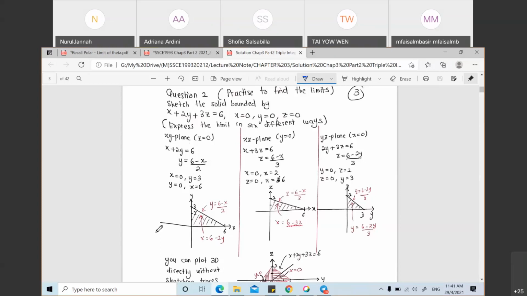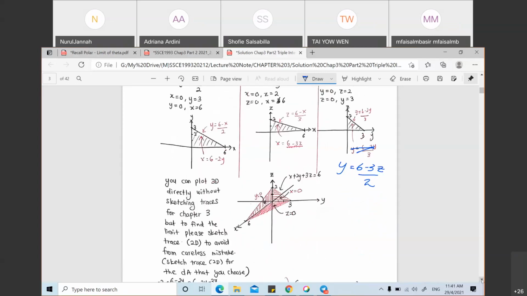Z equals to (6 minus 2y) over 3, or your y should be equal to... this is not correct, so please amend on your notes. This should be y equals to (6 minus 3z) over 2. Okay. Not (6 minus 2z) over 3. This is just manipulation.